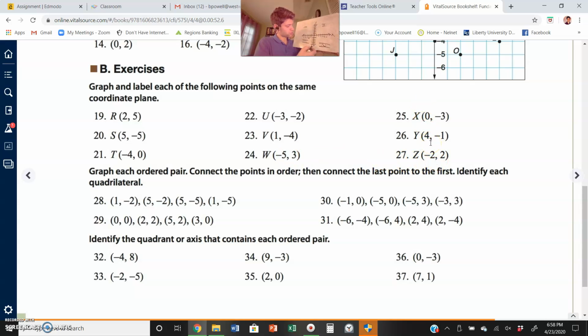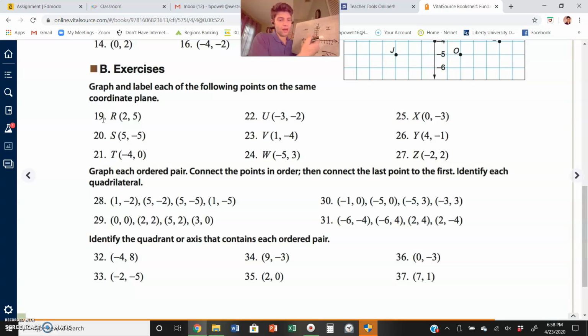So if you make your marks to go 6, just like I've drawn, where 6 is the highest here, 6 is here, 6 is here, or -6 here, -6 here, then you will be able to get all of these points on, because the highest x is 5, the lowest x is -5, and the highest y is 5, and it looks like the lowest y is -5. So if you draw this, then you'll be able to put all of these points, 19 through 27, on here.